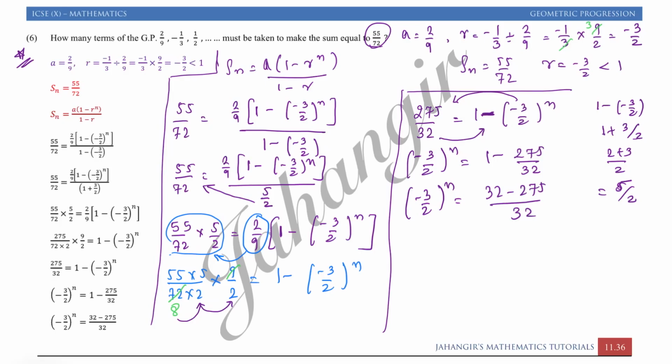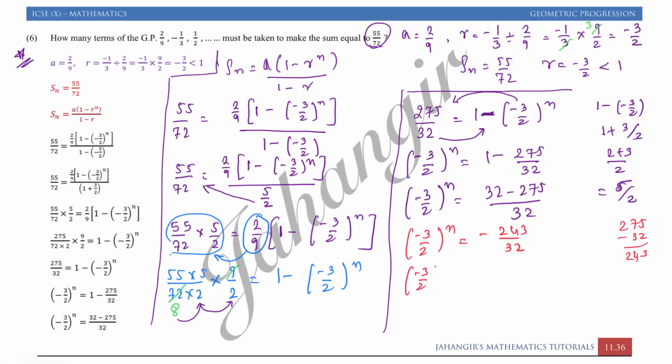So subtract, so minus 3 by 2 raised to n is equal to, if you subtract you will get 275 minus 32, 5 minus 2 is 3, 7 minus 3 is 4, 243, minus 243 upon 32.